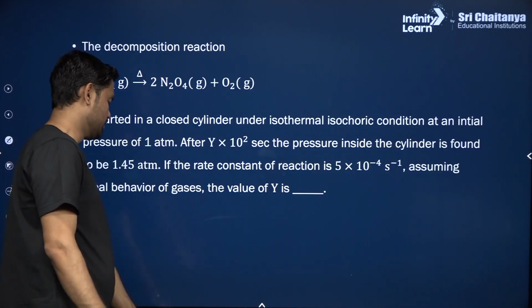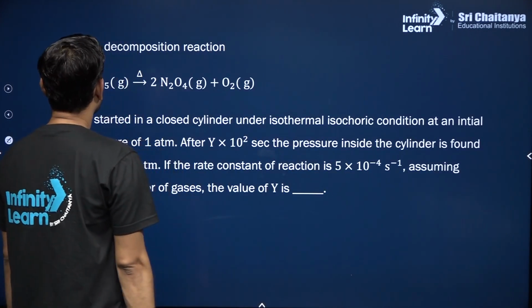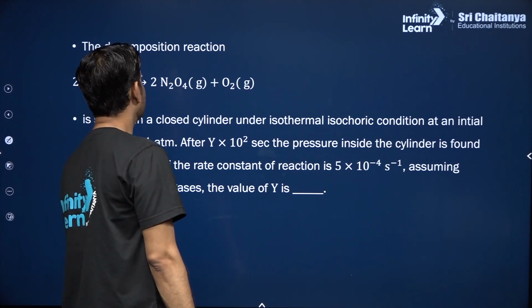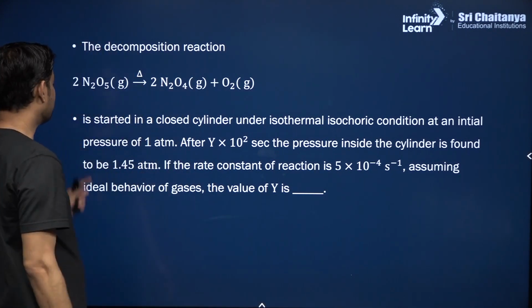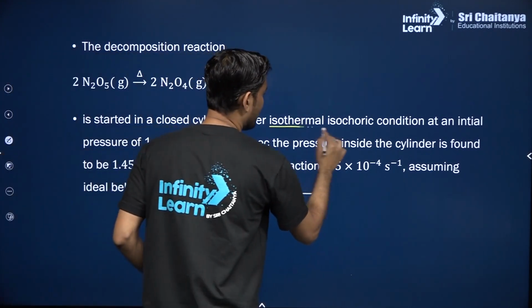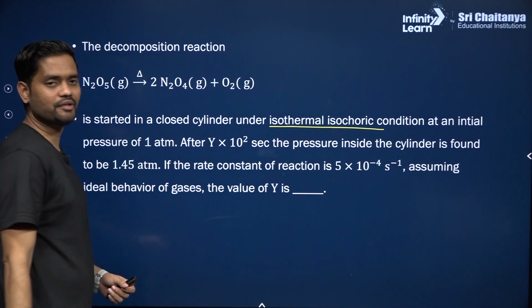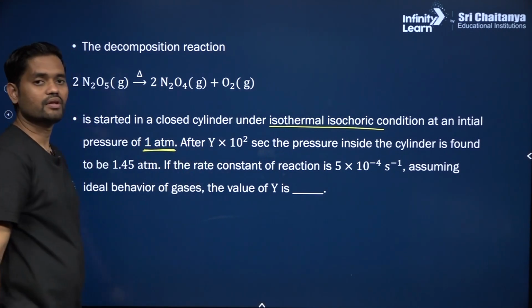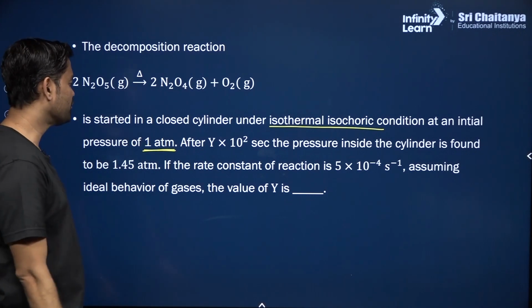Next, then. The decomposition reaction of this thing is started in a closed cylinder under isothermal isochoric condition, that means volume remains constant, at an initial pressure of 1 atmosphere. Okay, initial pressure is 1 atmosphere.